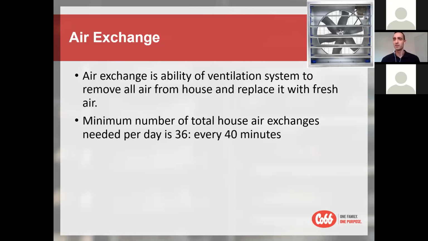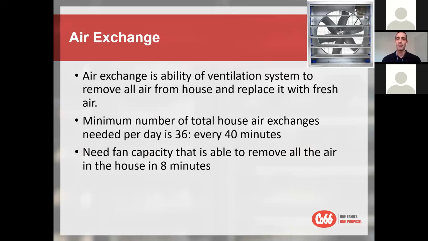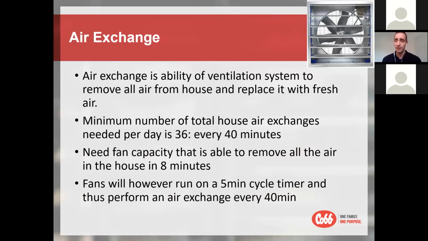So every 40 minutes or so, you want to replace that stale air in the house with fresh air. And we recommend a fan capacity that's able to remove that air in the house within 8 minutes. However, we're going to run that on a cycle timer. And we recommend, again, a 5-minute cycle, and that's going to perform an air exchange every 40 minutes.